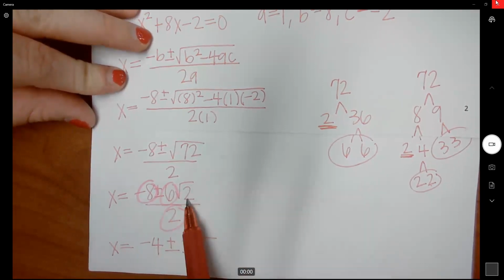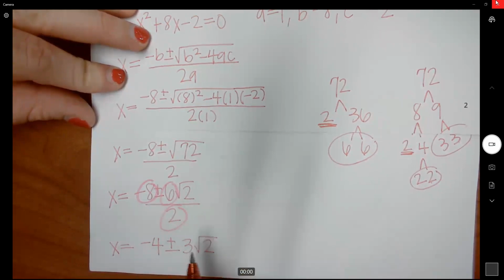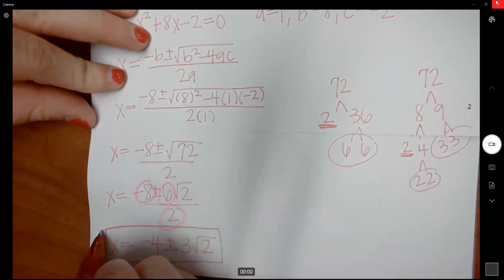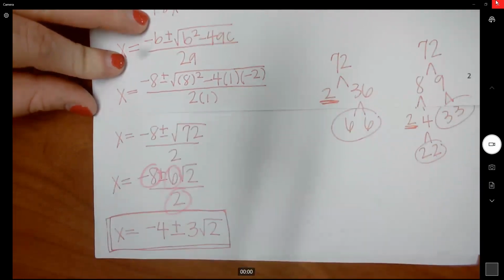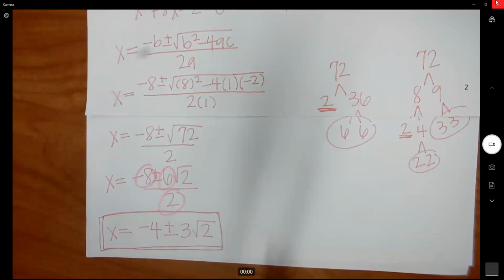It does not matter that this is also divisible by 2 because I'm not dividing what's under a radical with what's not under a radical. So this stays square root 2. And then 2 divided by 2 is 1. You can put this all over 1 if you want. But this is our final answer. So this again represents our 2 answers. You've got negative 4 plus 3 square root 2 and negative 4 minus 3 square root 2.